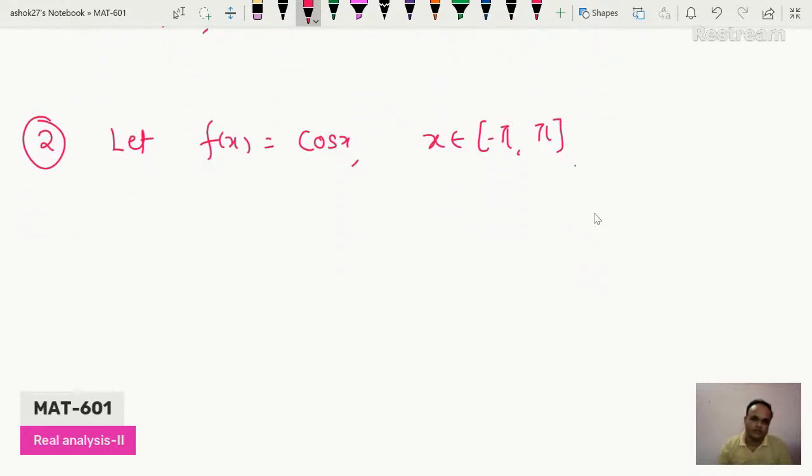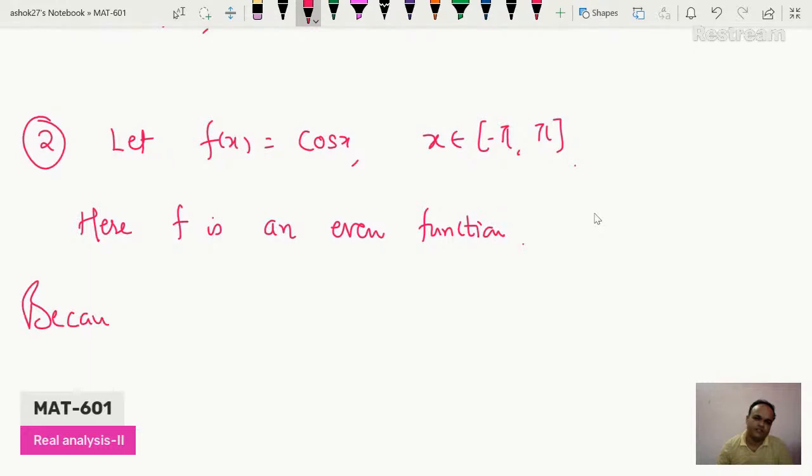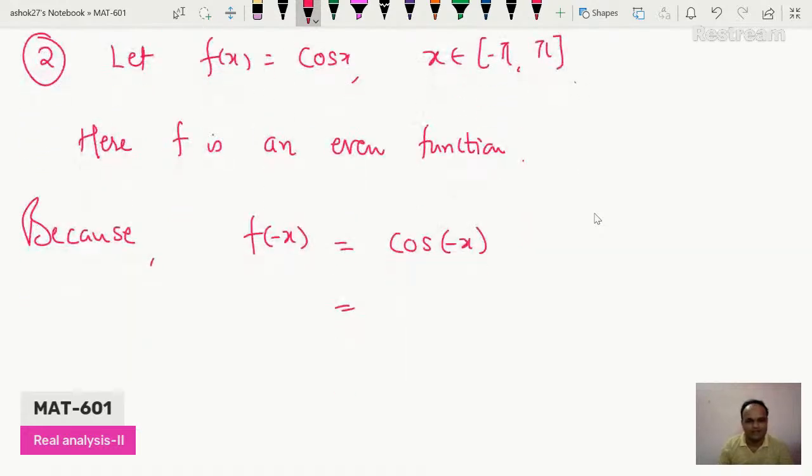Here again f is an even function, because you can check the definition of even function. What is f of minus x? f of minus x will be cos of minus x, and you know that cos of minus x is cos x, which is nothing but f(x).